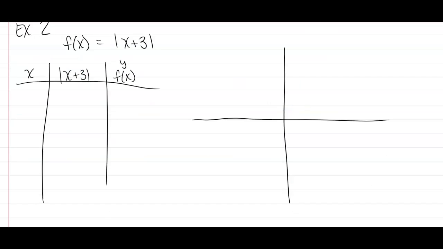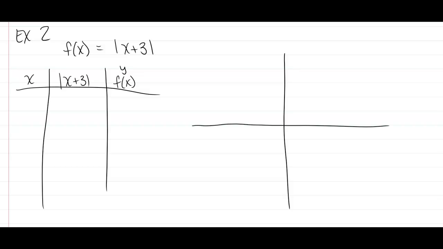For the second example that we're going to graph, it's going to be f of x is equal to the absolute value of x plus 3. So because my rule is x plus 3, we're going to put our rule in the middle. And for the x values, because I want you guys to see a nice graph, we're going to use x values of -6, -3, 0, and 4.